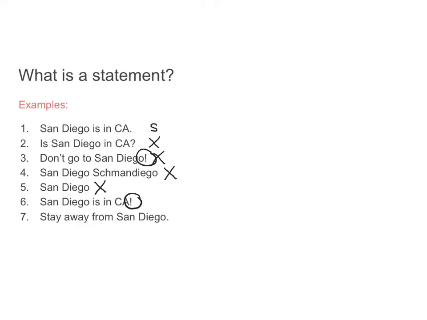It's just a really exciting statement. San Diego is in California! I've asserted something about the world with much excitement. It is the kind of thing that can be true or false. Number 7, Stay away from San Diego. Also a command. It doesn't have an exclamation point. It's got a period afterwards, but still, this is a command to do something. So it's not the kind of thing that can be true or false.